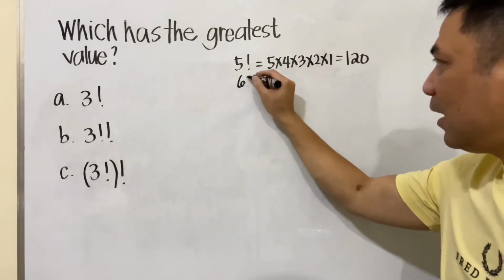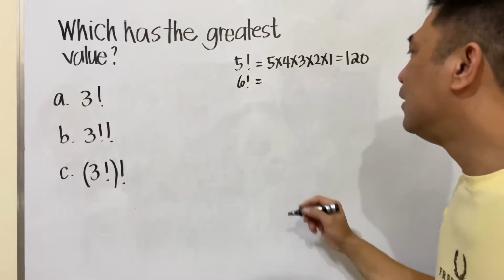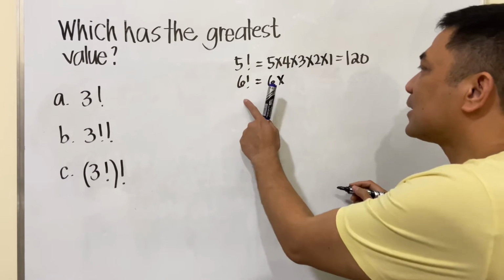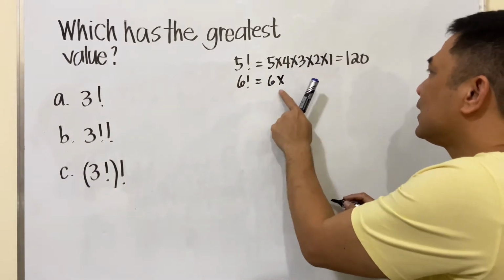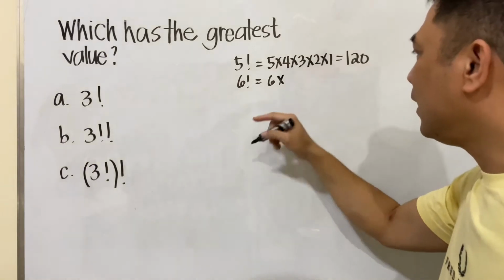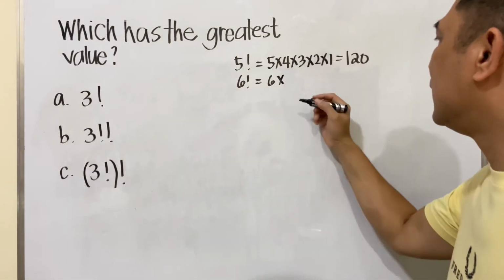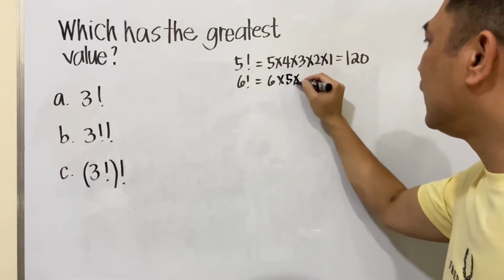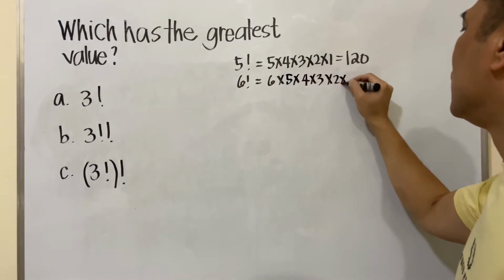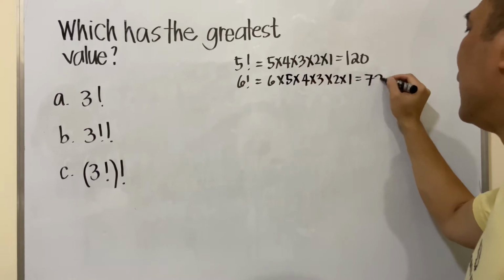Similarly, if you have 6 factorial, it's actually 6 times 5 factorial, so that is 6 times 120, that's 720. But for the sake of this explanation, let's complete that one: times 3 times 2 times 1, which is equal to 720.